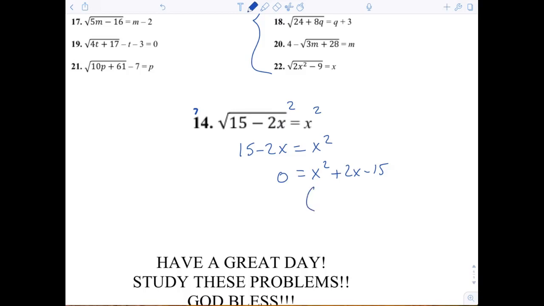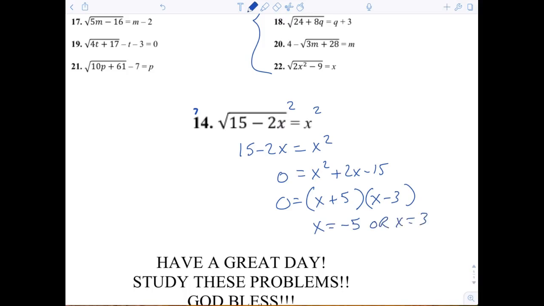So now I'm factoring. You with me on this? So x could equal negative 5 or 3.